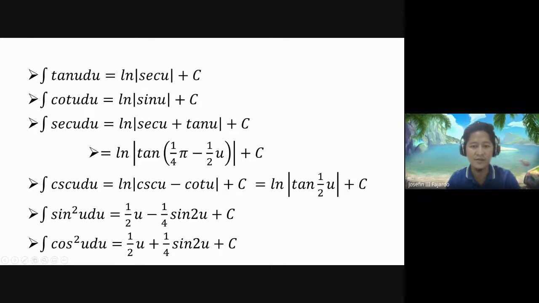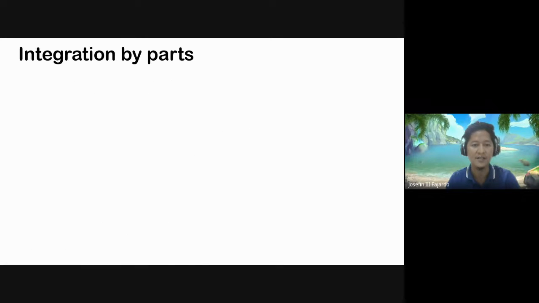Aside from substitution, we also have what we call integration by parts. Okay? So how do we use this method in getting the integrals of some function? First, let us recall your product rule for derivatives.